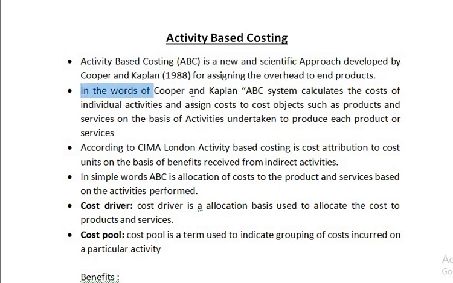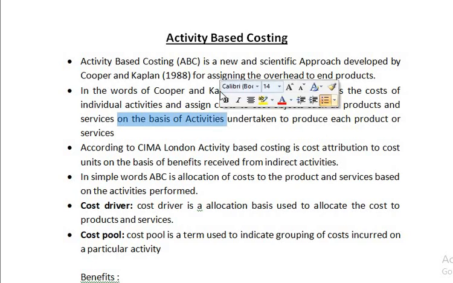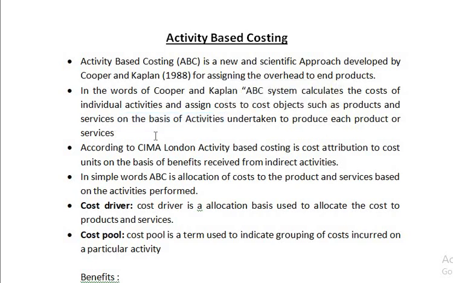In the words of Cooper and Kaplan, the ABC system calculates the cost of individual activities and assigns the cost to cost objects, that is, products and services, on the basis of activities undertaken to produce each product or service. The cost is allocated on the basis of activities. That is called activity based costing.